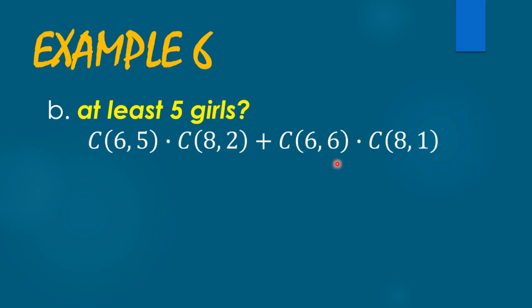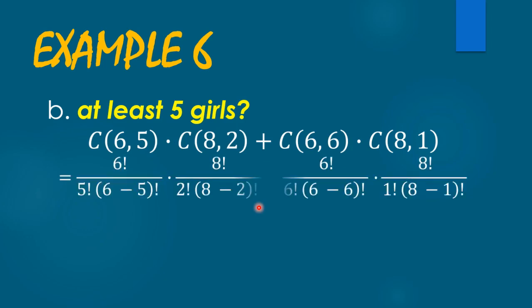But if we use 6 girls, there is only 1 boy to be selected, because according to the problem, we have to select 7 committee members. And then why do we need to add? It's because we're talking about or. It means addition principle. So it's either we use 5 girls or 6 girls.